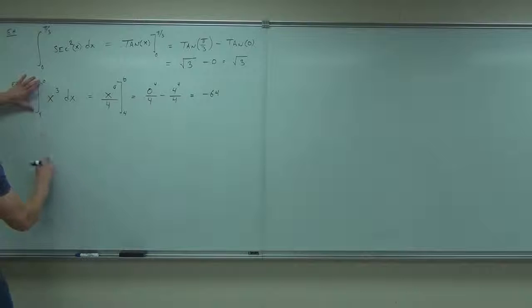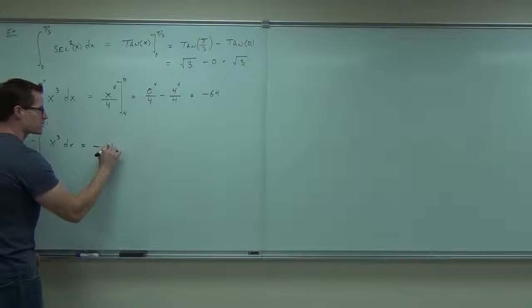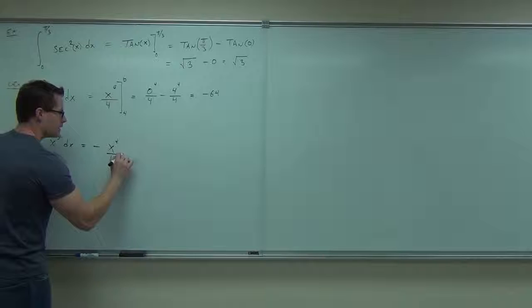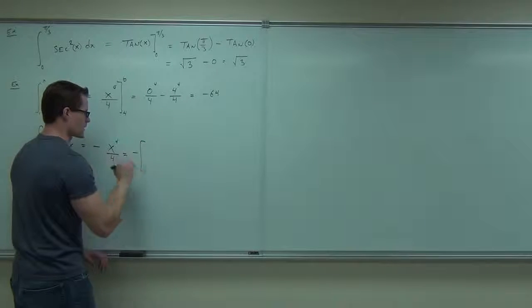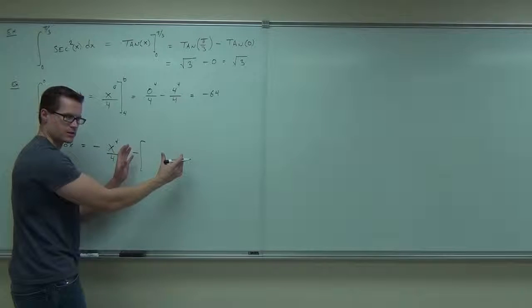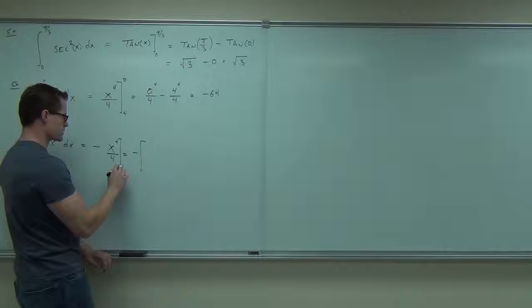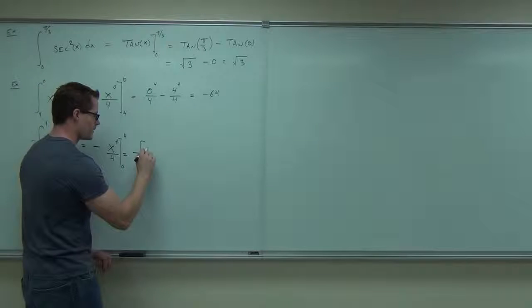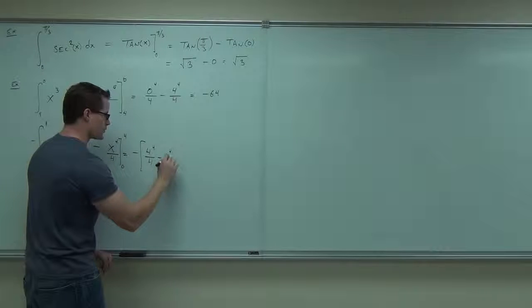We also knew from a property that if I reverse this and go 0 to 4, that becomes a negative. Well, let's see. That would be negative x to the 4th over 4. You need brackets there because you're going to have a sign in the middle of that. And that's evaluated from 0 to 4. 4 to the 4th over 4 minus 0 to the 4th over 4.